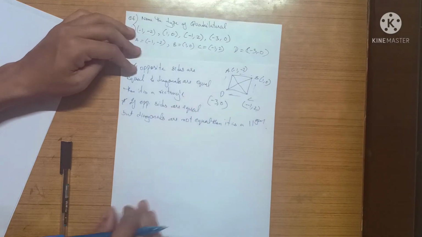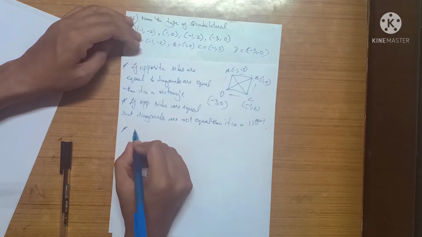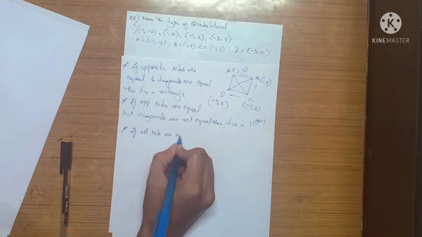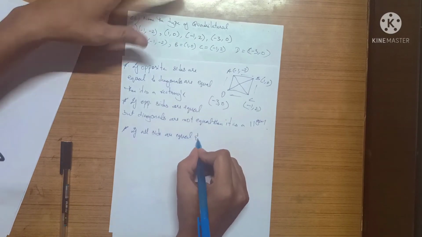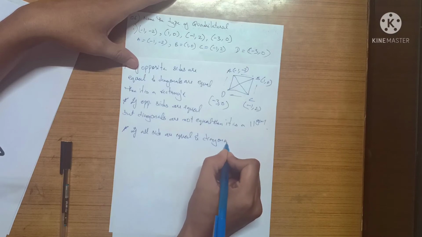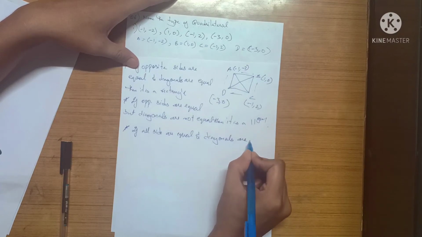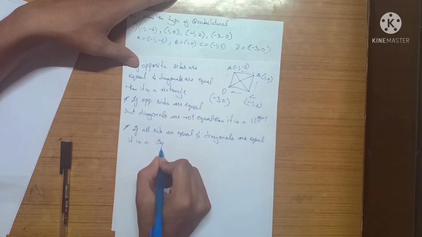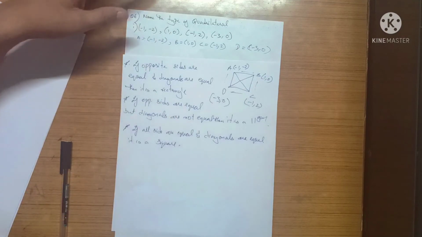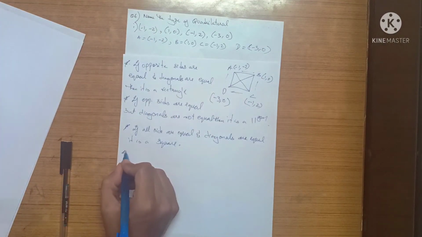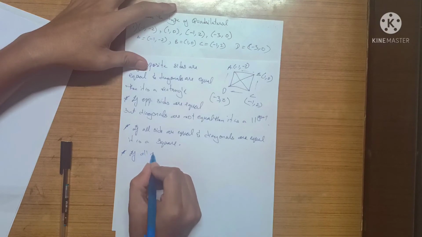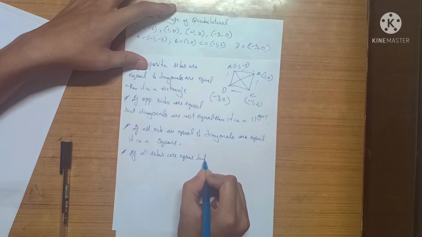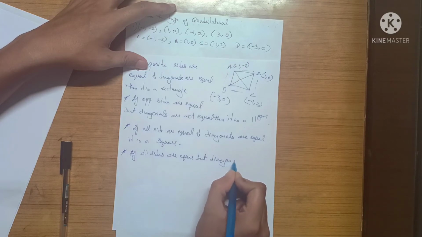And then what if all the sides are equal? If all sides are equal and diagonals are equal, it is a square, because a square means all sides are equal and even the diagonals are equal. But if all sides are equal but diagonals are not equal, what will it be?